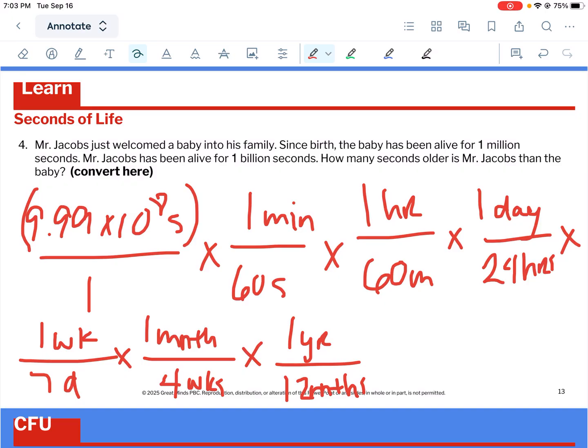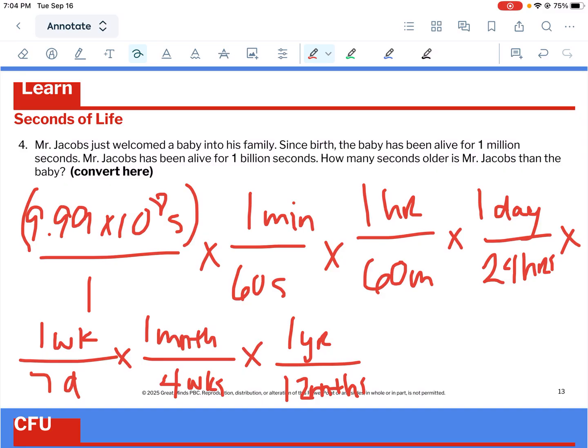But what you will do is put that number in your calculator in parentheses, 9.99 times 10 to the 8 in parentheses. Hit divide, and then open your parentheses again, and then write 60 times 60 times 24 times 7 times 4 times 12.